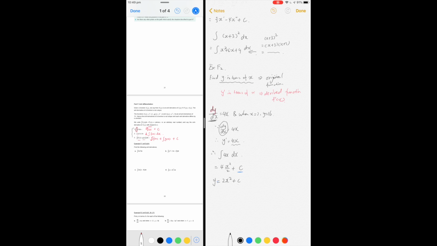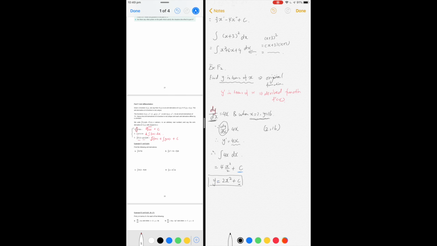Now here we don't know c, but we do have one point on the original function. When x is equal to 2, y equal to 16. That is a point on my original function y equal to 2x squared plus c.